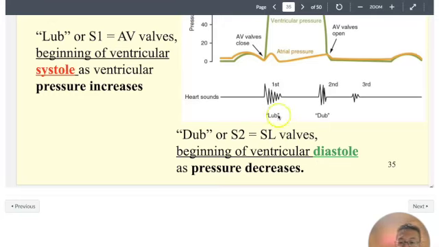That's when the semilunar valve will close. So lub is the squeeze when the AV valves close, and dub is when the semilunar valves close, when you start relaxing.